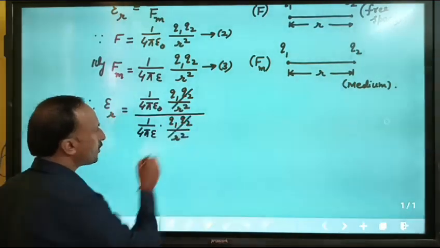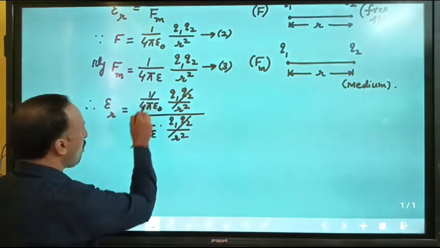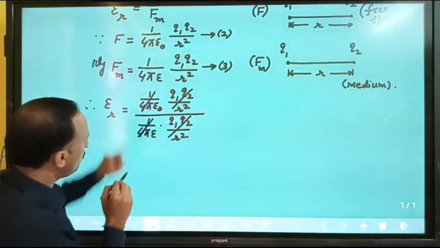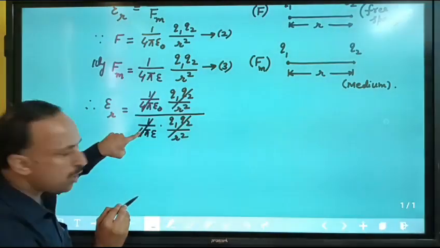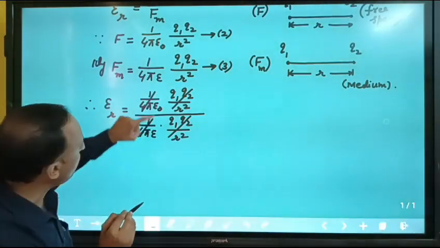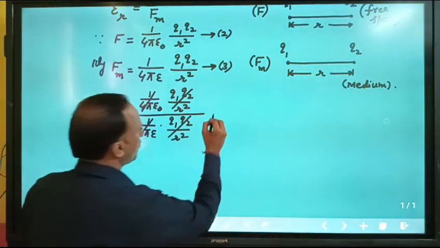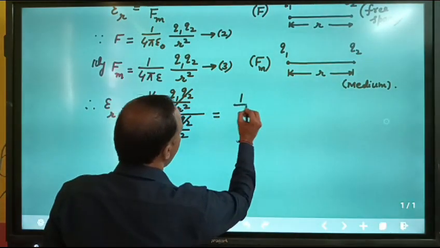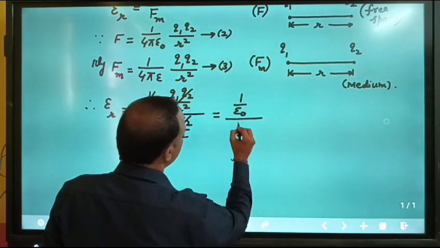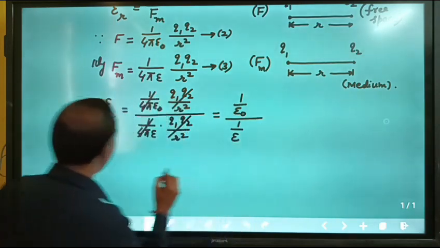This factor is cancelled out with this factor. Here 1 upon 4 pi is going to cancel out with 1 upon 4 pi, and we are left with 1 upon epsilon naught divided by 1 upon epsilon. Means this is 1 upon epsilon naught and this is 1 divided by epsilon.